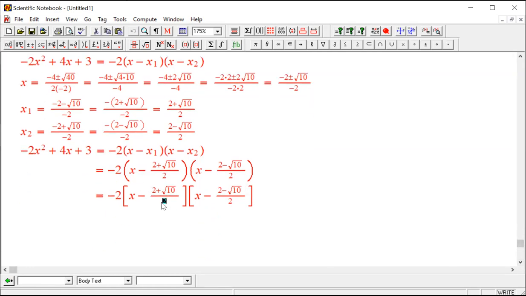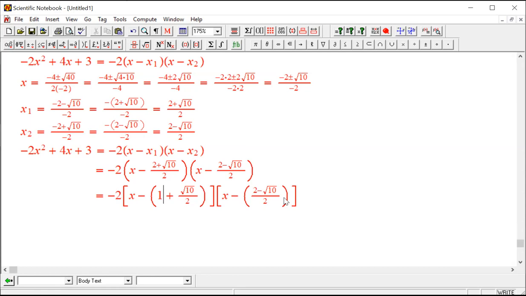I'm taking this 2 to divide into this 2. So I'm going to put this in parentheses and put these in parentheses. So 2 into 2, so plus root 10 over 2. 2 over 2, that's 1.